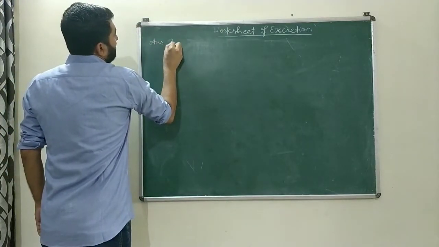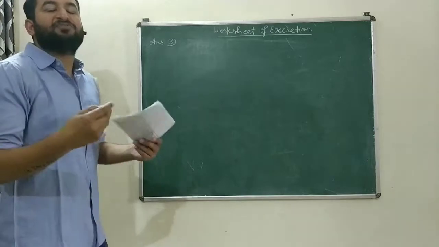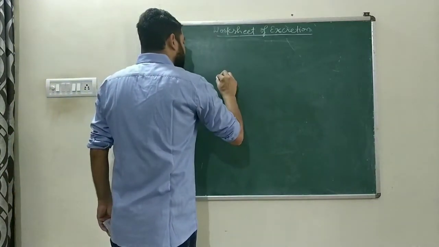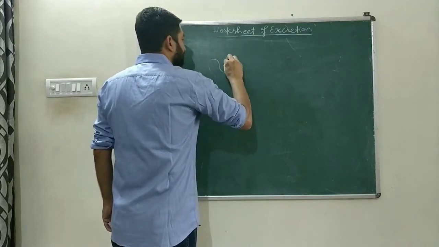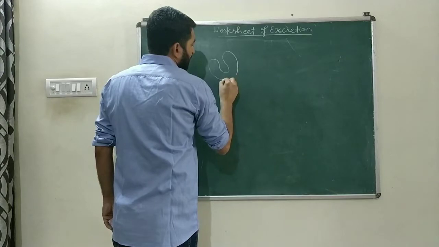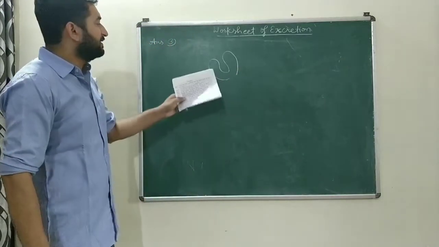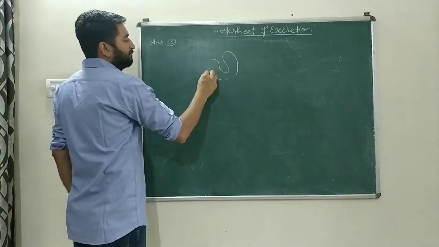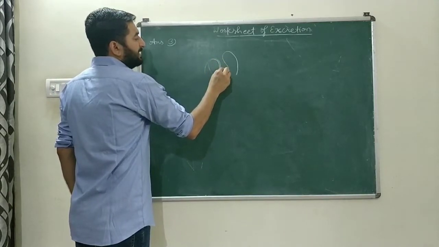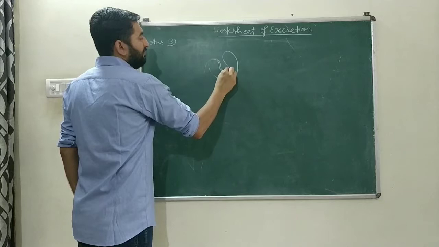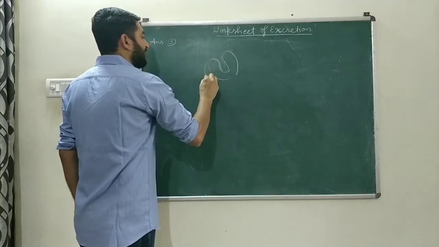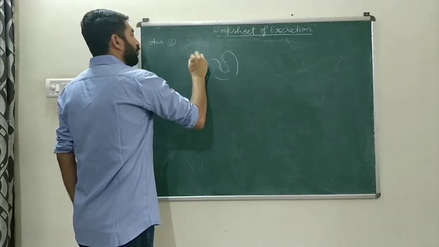First we'll discuss answer number 3, the structure and functioning of nephron. As we all know, nephron is composed of 2 parts. One is Bowman's capsule and glomerulus. This cup-shaped structure is known as Bowman's capsule. In this Bowman's capsule, there is a capillary network formed by an arteriole. That arteriole is known as afferent arteriole.